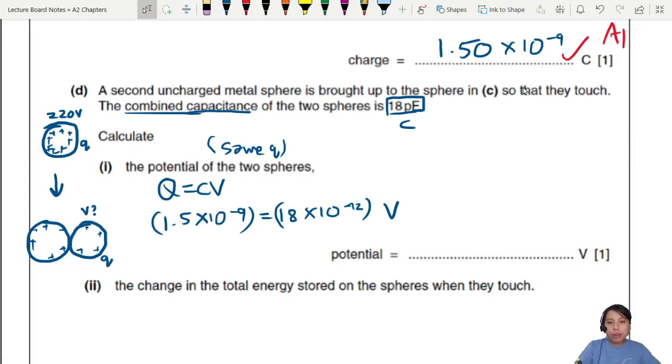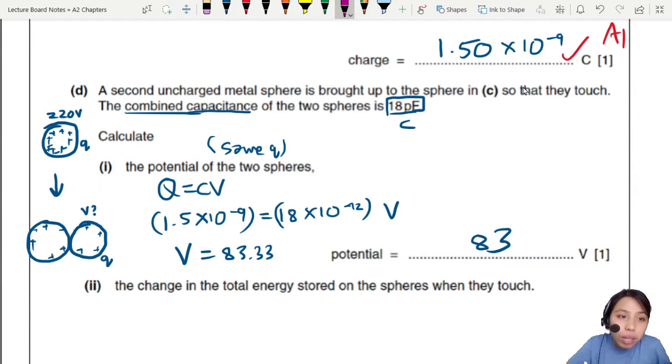And then you can use it to count the new potential, which is about 83.33 volts. So I write here, 83 volts. Means actually the potential difference dropped. At first it's 220. Now the potential difference at the surface of this whole sphere is going to be 83 volts. No more question mark. We know already, and you're the same Q.